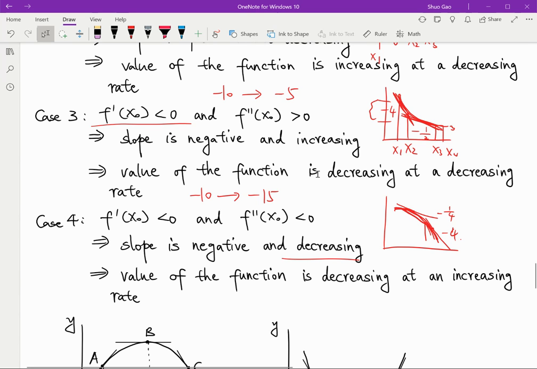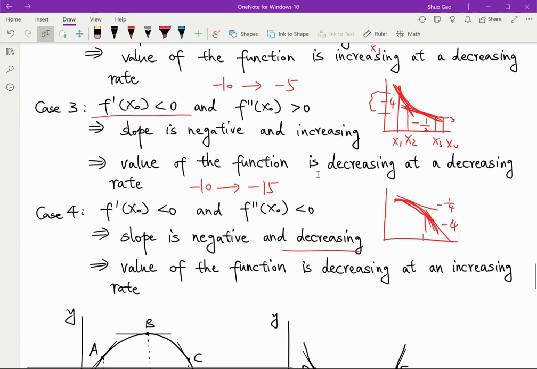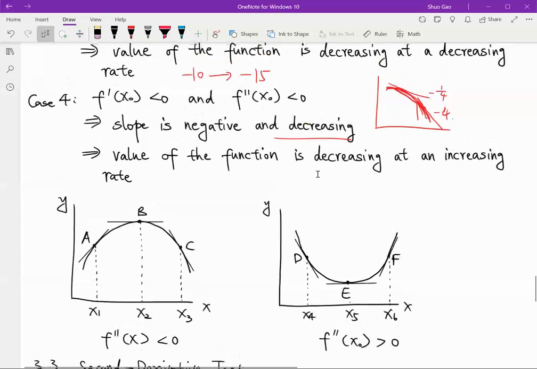So we can draw these four graphs. We can summarize the four cases based on the four graphs here. For the first graph, from point A to point C along the curve, f double prime of x is always a negative number.